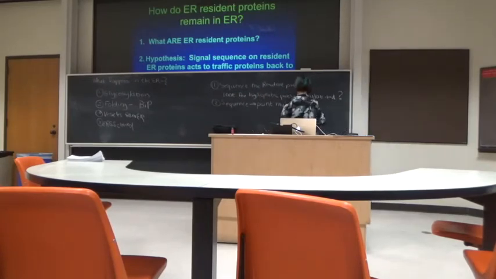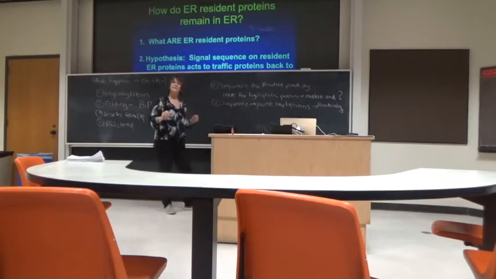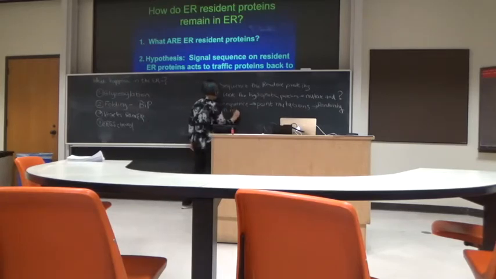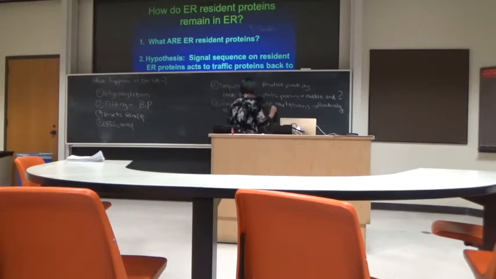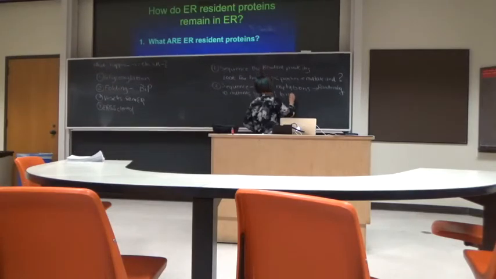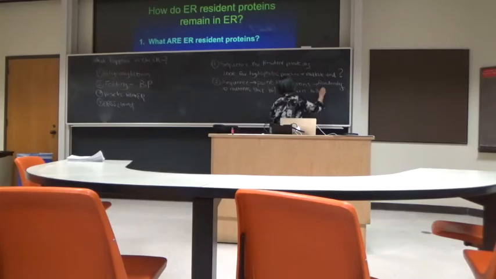Okay. And then what would your test be? The test is to identify mutants that do not retain, mutants that fail to return to the ER. And if they fail to return to the ER, where would they go? We haven't really covered this, but where do you think they might go? They end up being secreted to the outside world, so they would just be soluble proteins that are secreted.